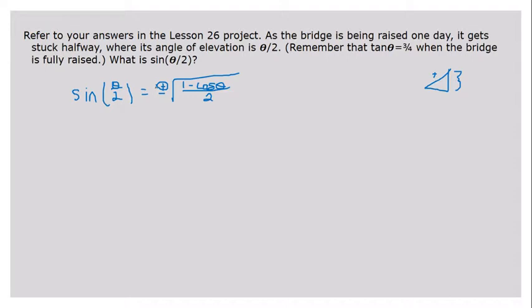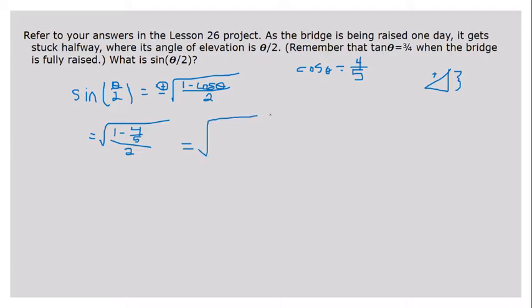And then if you look back at lesson 26, in my lesson 26 project help video, I found that cosine theta equals 4/5. So I'm going to go ahead and plug that in. So I now have the square root of 1 minus 4/5 divided by 2.